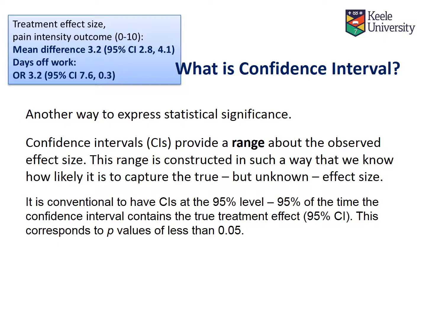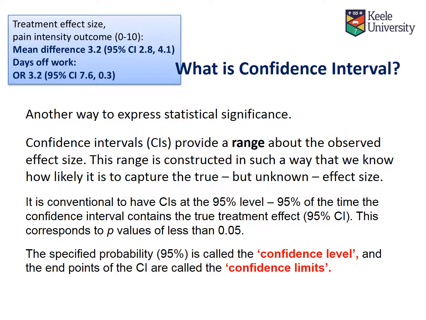We found 3.2, and our true value, if this is repeated again and again, will be between 2.8 and 4.1. And that is the confidence interval. And the same thing you can talk about with odds ratios, which is down there.